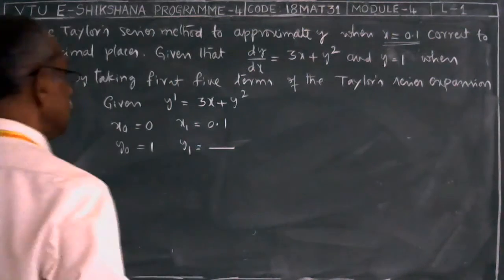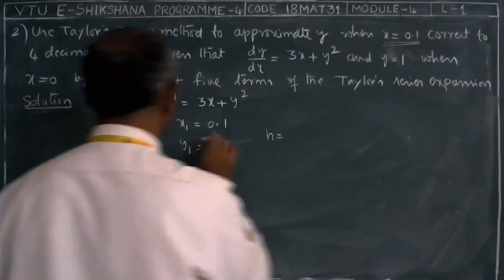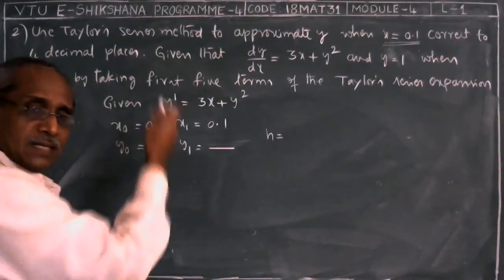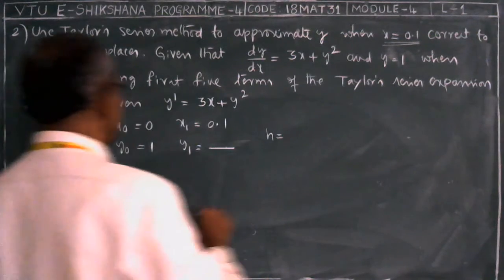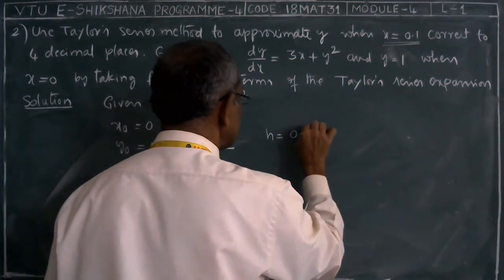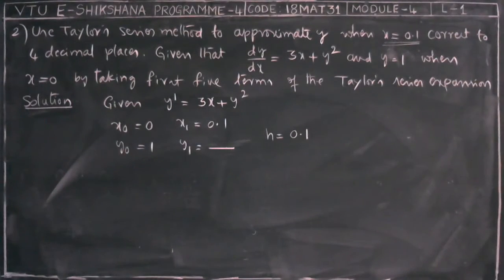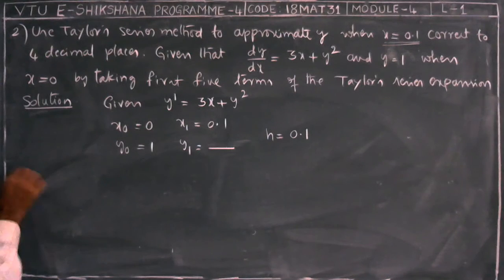Now h you can easily calculate. Here h is x1 minus x naught, x2 minus x1 is h, x n plus 1 minus x n is h. So x1 minus x naught, 0.1 minus 0, is your h, equal to 0.1. Now we have to write the Taylor series.